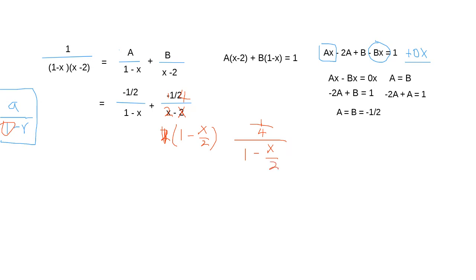So now let's take a look at the first one. The first term is just negative half over 1 minus x. It's much easier to write it. So that means this function can be written as quarter over (1 minus x divided by 2), minus half over 1 minus x.